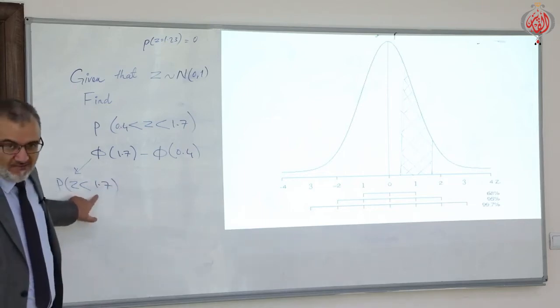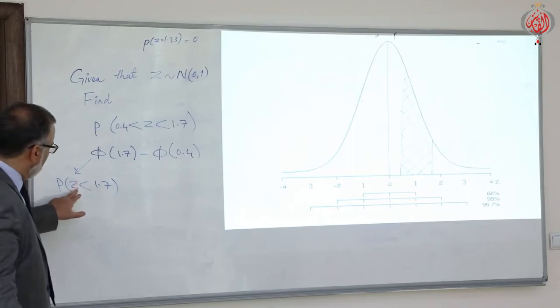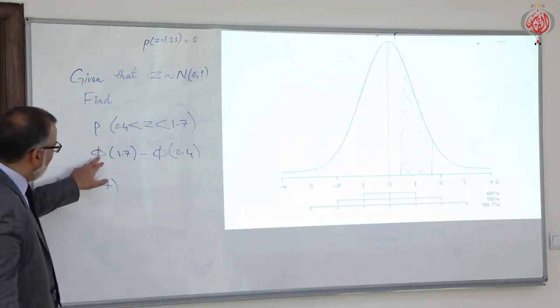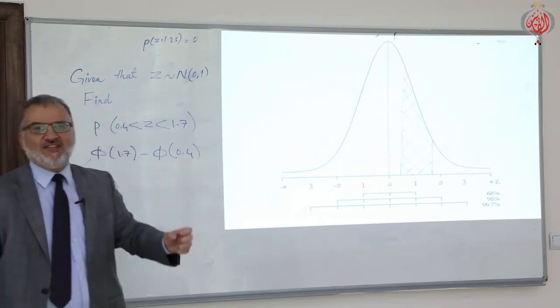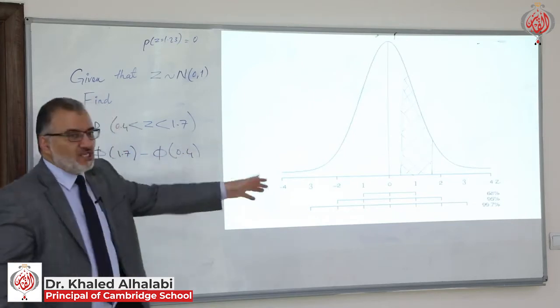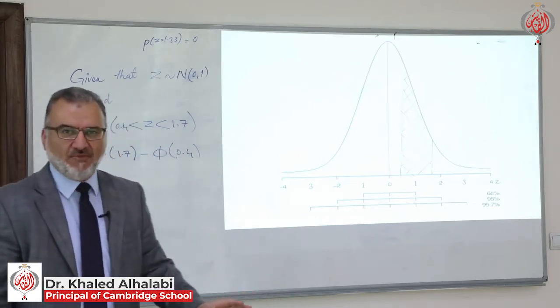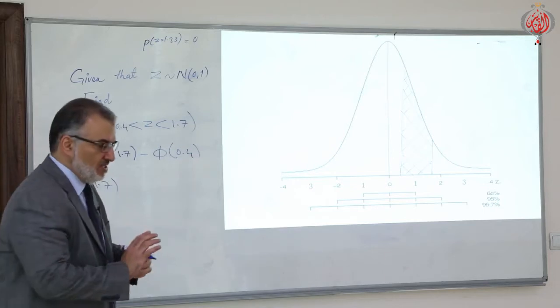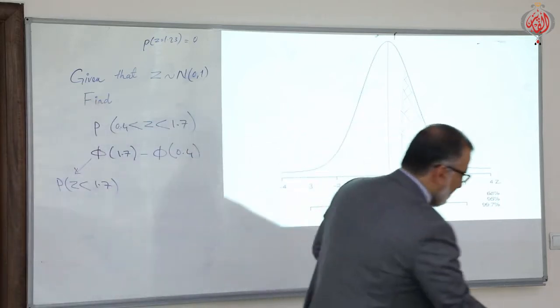Can I get it from the table? Yes, I can. Since you have phi positive, go to the table and find the value directly. But if it is phi negative, no, you have to make some changes.